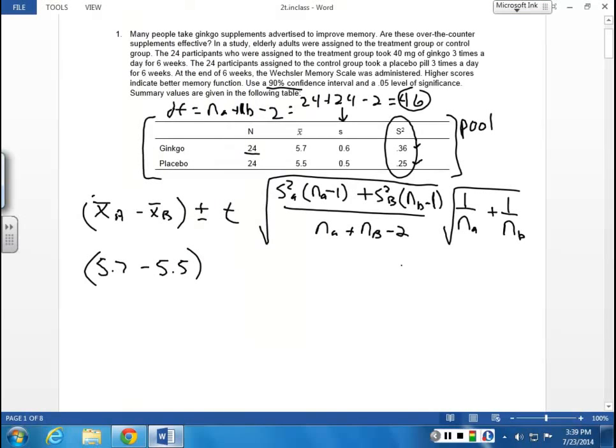So that's 1.679. And you could calculate all of this and just have the standard error, but I'm just going to put it in and calculate everything at once.